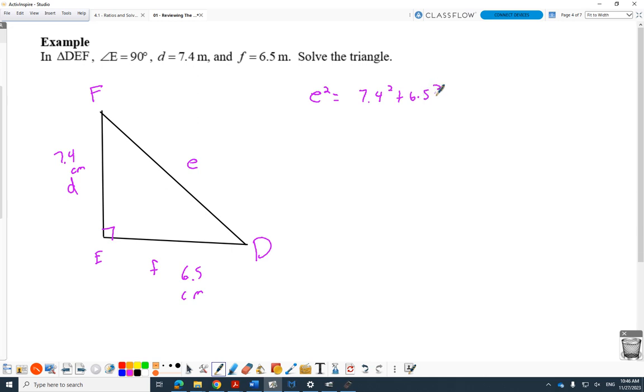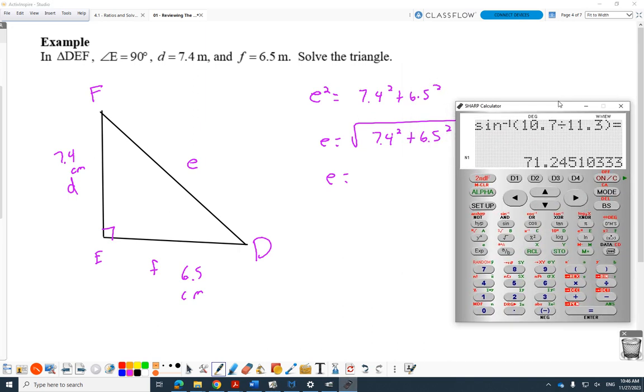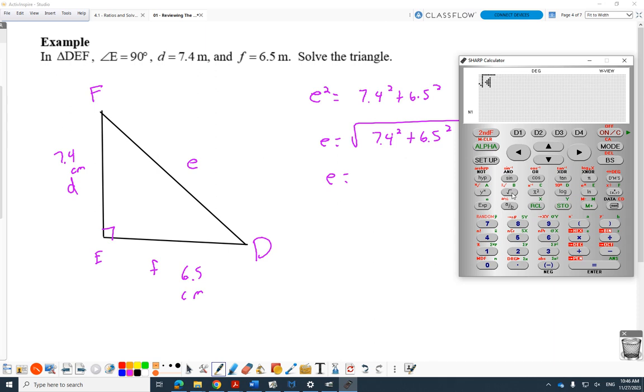And you might even do it this way. This is really cool. Don't even type it in until you do the square root, saving you a little bit of effort and writing, because your calculator can handle this, as long as you put that bracket in there. Some calculators automatically come with the bracket. Mine automatically comes with an inside the square root type move, so that I can do 7.4 squared plus 6.5 squared equals 9.85.